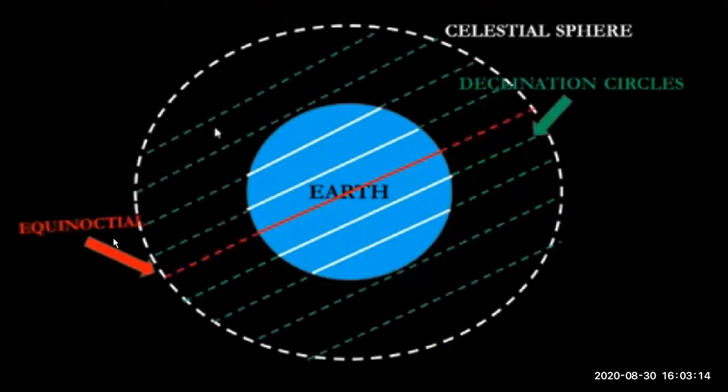So these are all the lines of declination of the celestial sphere and the equinoctial of the celestial sphere. Only the equinoctial is a great circle and the rest are small circles because they are not passing through the center of the earth. So we are clear with equinoctial, declination circle, celestial sphere.